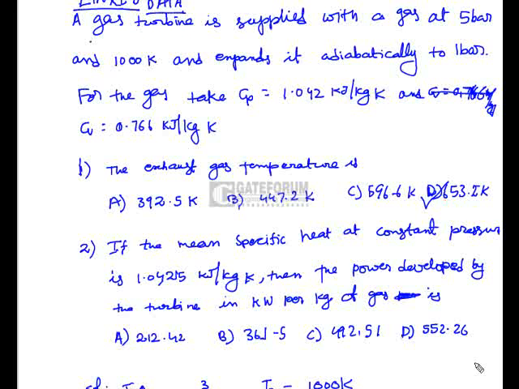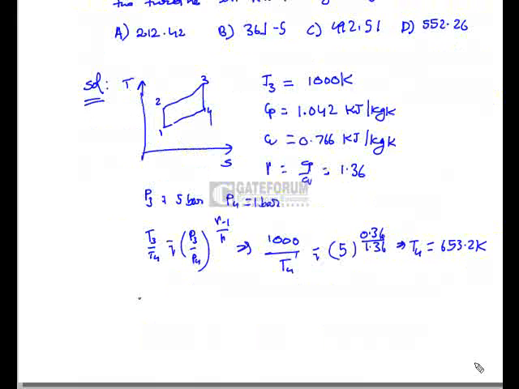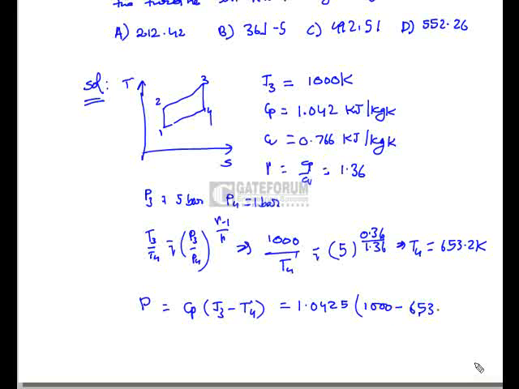Coming to the second question, the power developed by the turbine is equal to the work developed by the turbine. Either power developed or work developed is given by Cp into (T3 minus T4), where Cp here is the average specific heat of the gas, 1.0425 kilojoule per kg Kelvin, T3 is 1000 Kelvin and T4 is 653.2 Kelvin.